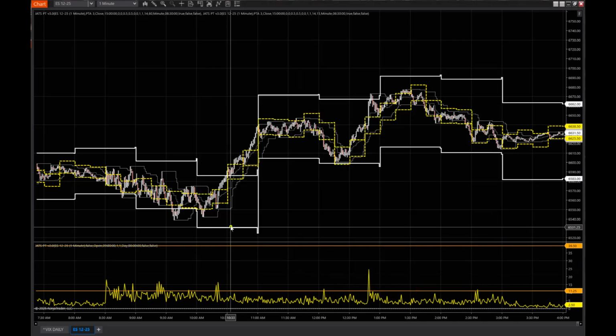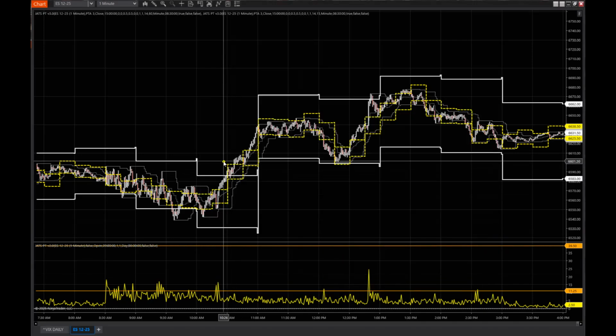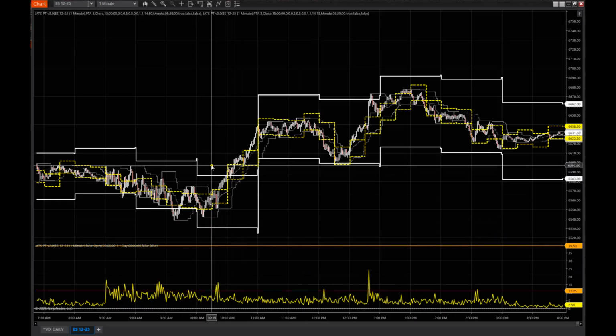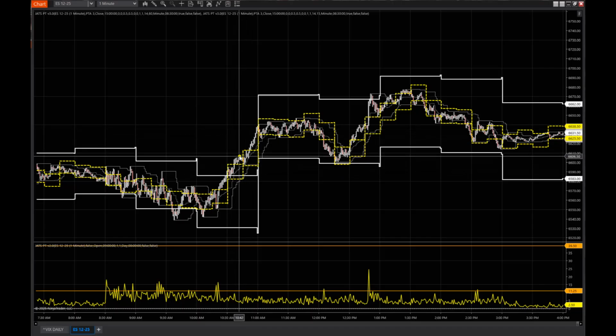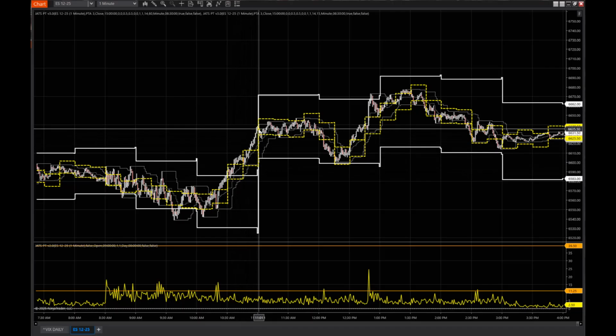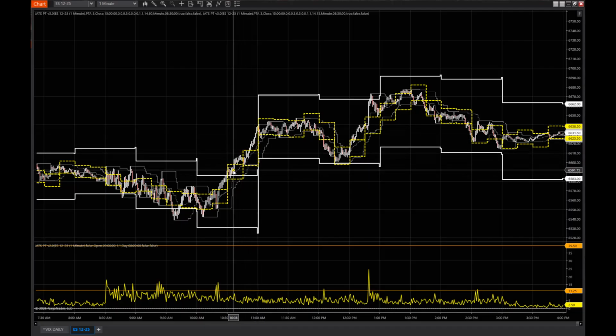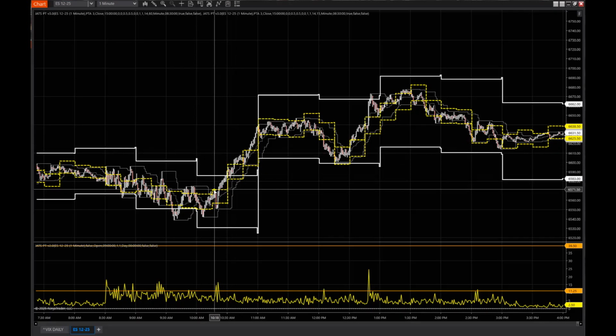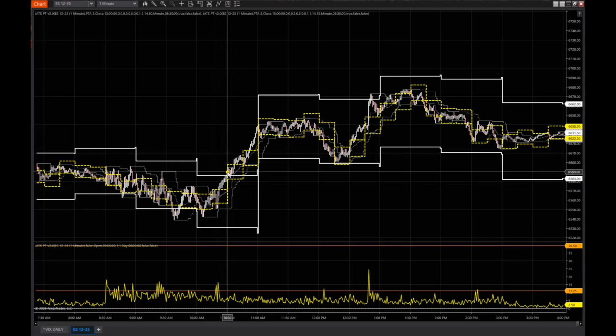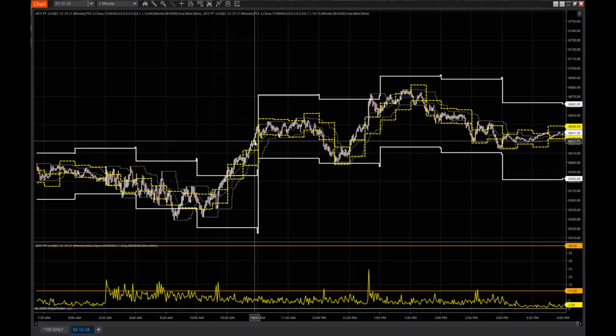Okay, but here's what I'm talking about. You see how the 1 broke above the 3? So the 15-minute 1 broke out above that 60-minute 3, confirming that breakout. It broke out of the 15-minute 1, and then when it got to the 60-minute 3, it broke out twice.